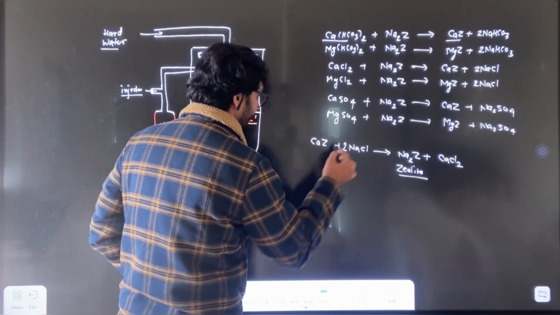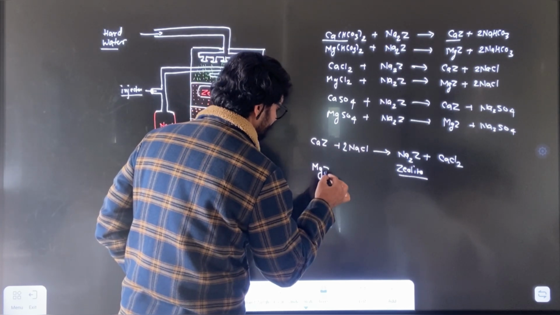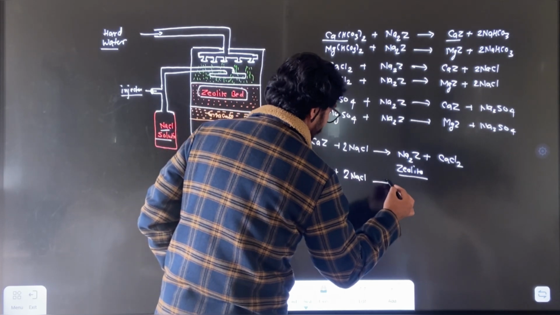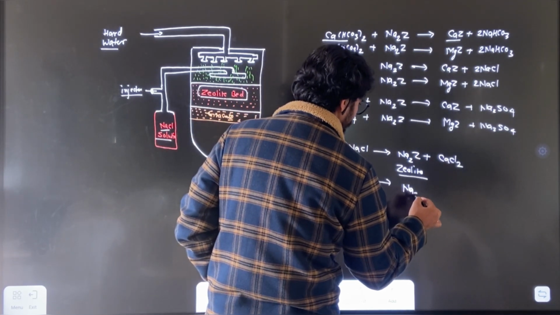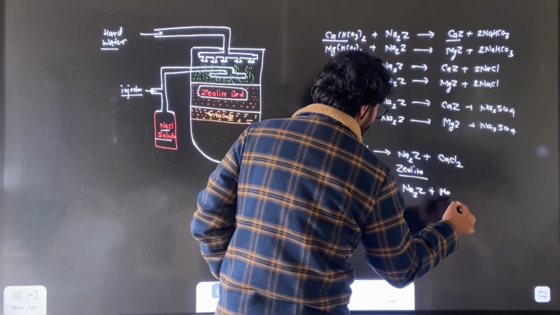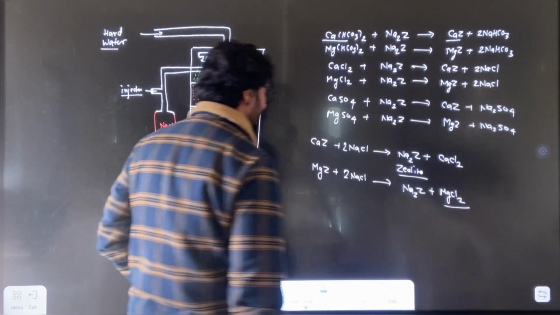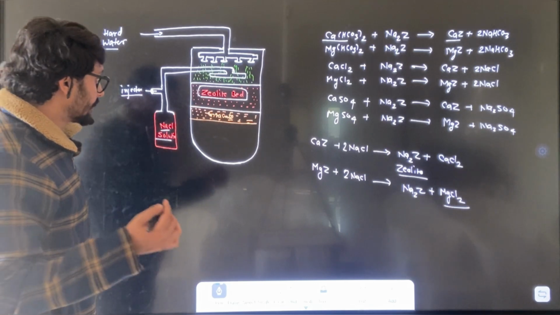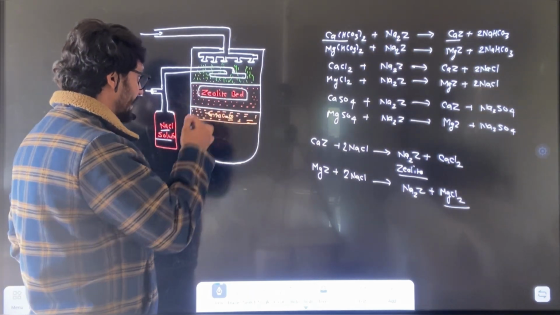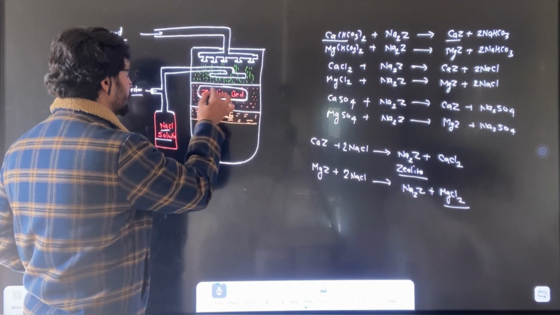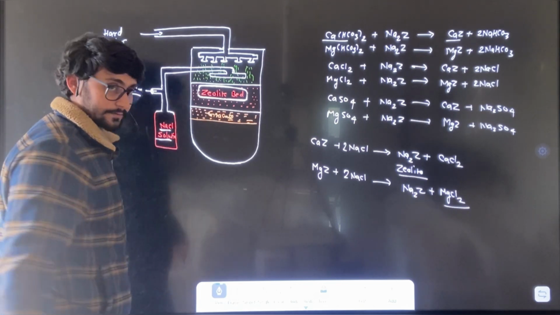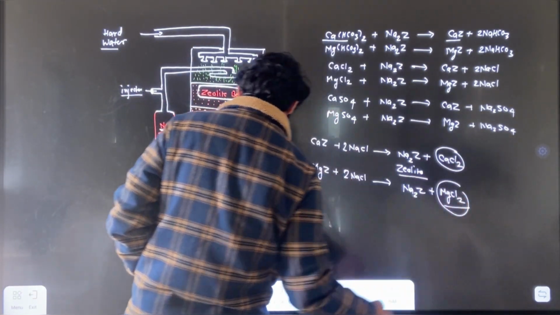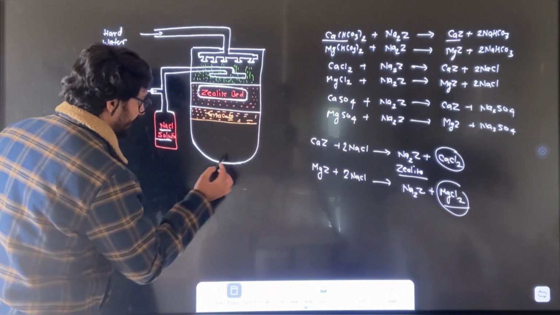And if we have magnesium zeolite, then it reacts with 2 mole of NaCl and forms Na2Z and magnesium chloride as a side product, right? So to remove the blockage in the zeolite bed, we use a NaCl solution, right?